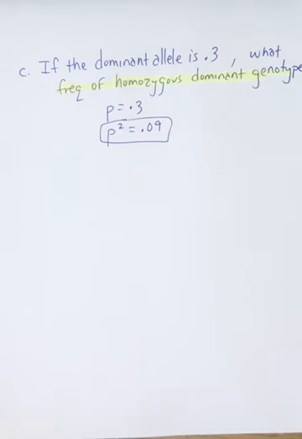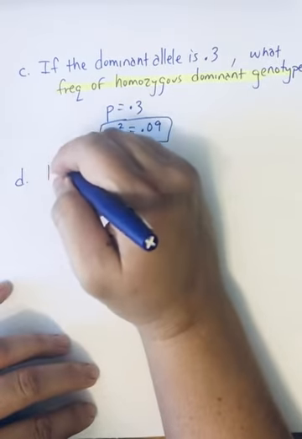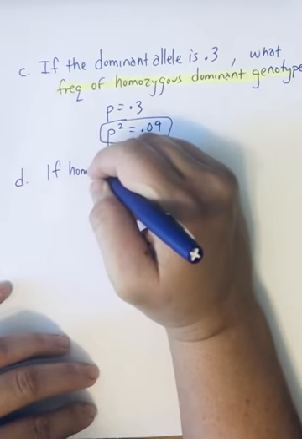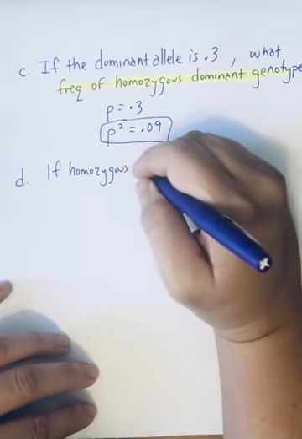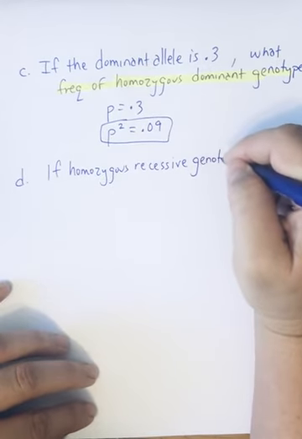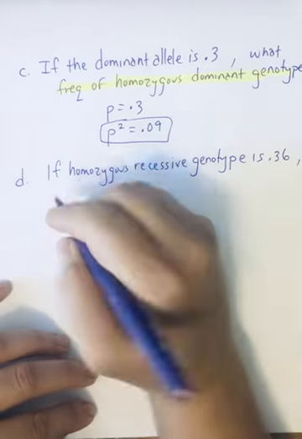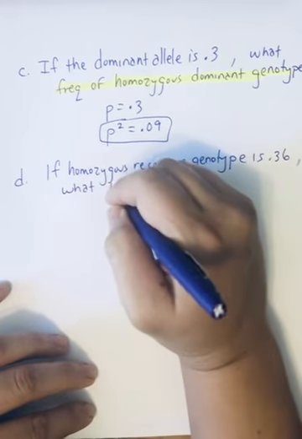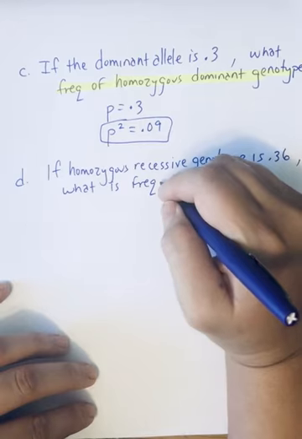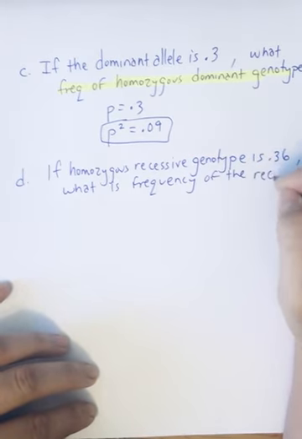So if you're ever given something, figure out P and Q first if needed. All right, now let's go a little more in detail. If the homozygous recessive genotype is 0.36, what is the frequency of the recessive allele?